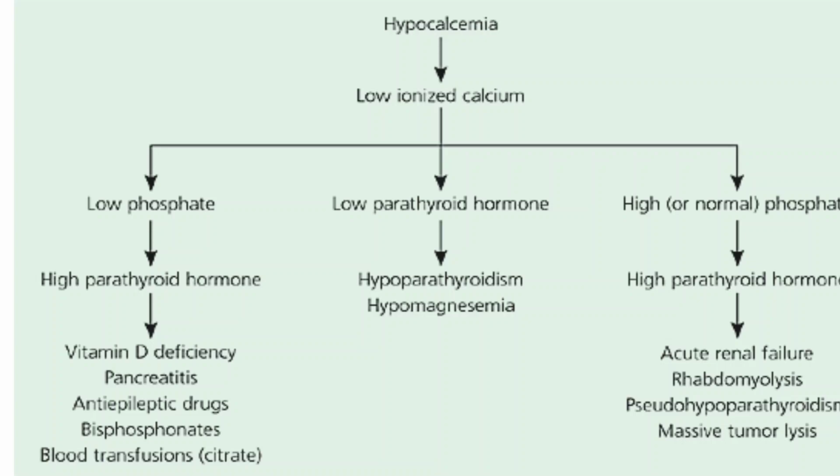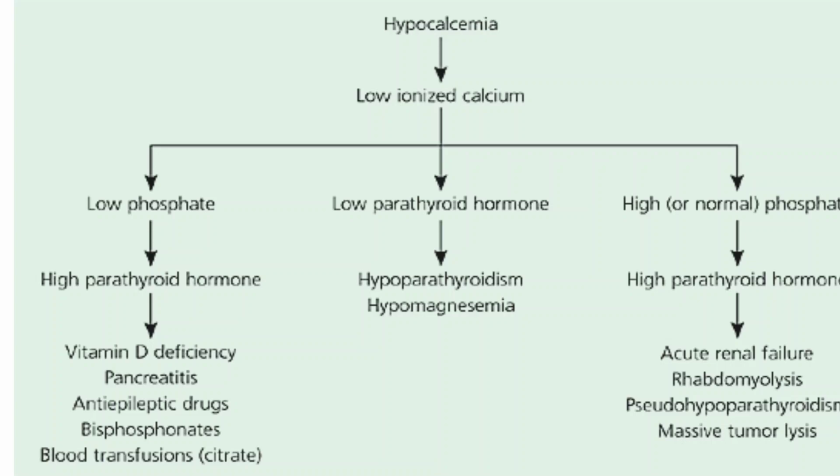Hypocalcemia, the lower concentration of the calcium, can occur with a low phosphate concentration or high phosphate concentration, and of course the parathyroid hormone abnormality. Again, in the low phosphate concentration, there could be two forms, with the high parathyroid or the other way, normal parathyroid.